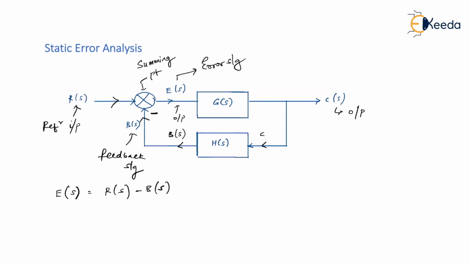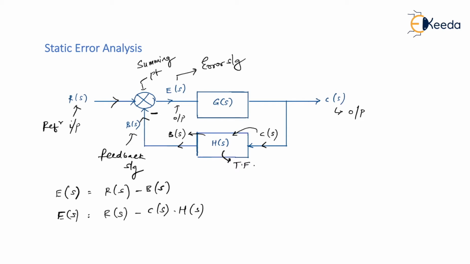Input of this block is nothing but C of S, and H of S is a transfer function. We know what is the relation between input, output and transfer function. So I can say that input into transfer function is nothing but B of S. So I'm going to replace my B of S. So E of S I can write R of S minus B of S is replaced with C of S multiplied by H of S. I hope you understood this.